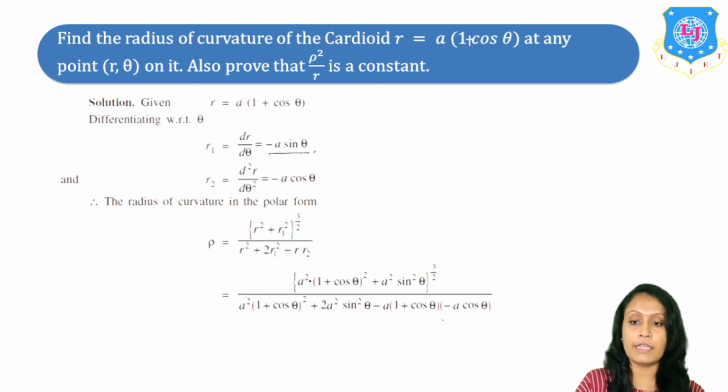So here you will get a square (1 plus cos theta) whole square plus r1 is minus a sin theta, so square it, this is a square sin square theta, whole raised to 3 by 2 upon r square, so this is a square (1 plus cos theta) whole square plus 2 into r1 square, so this is a square sin square theta, minus r, which is a into (1 plus cos theta), into r2, which is minus a cos theta.